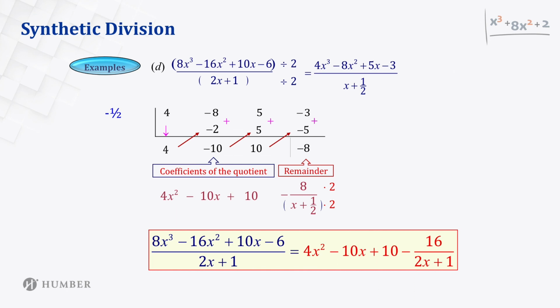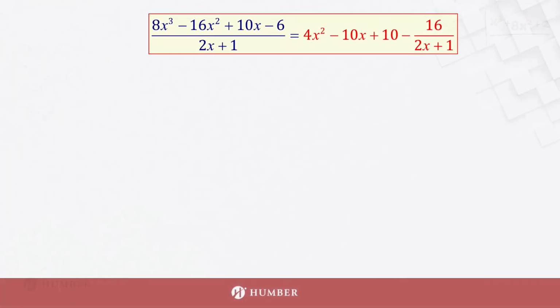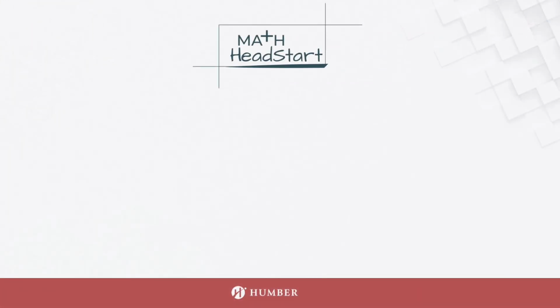Of course, you do not have to convert this problem into synthetic division. Synthetic division can be used when dividing a polynomial by a binomial in the form x plus or minus c. Please practice many questions after watching this video to become more comfortable with the process.